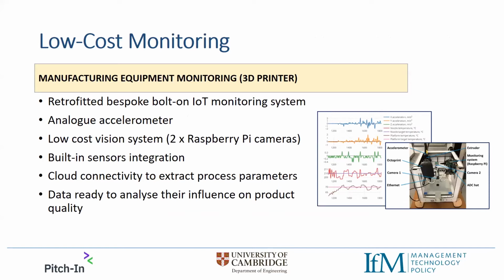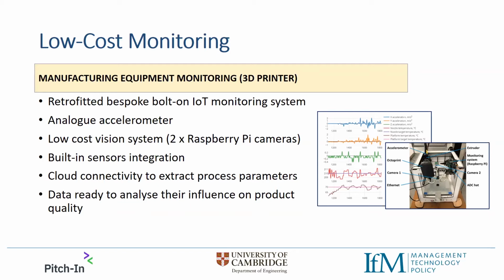The next demonstrator is all about low-cost monitoring. We were looking at a way of doing a bolt-on solution to monitor manufacturing equipment. In this case, we use a 3D printer, but as manufacturing equipment, it could be any other piece of equipment. This 3D printer was retrofitted with a bespoke IoT monitoring system that consisted of accelerometers and a low-cost vision system again.